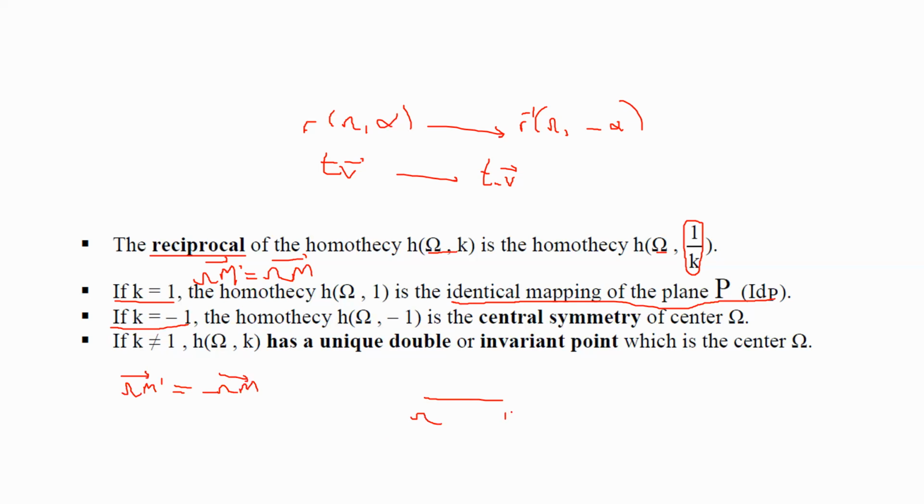Omega is the center, the midpoint, and we call this central symmetry. If k equals minus 1, then h omega minus 1 is the central symmetry, meaning symmetry with respect to omega.